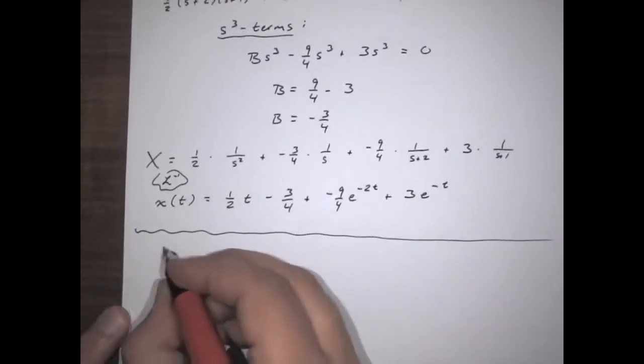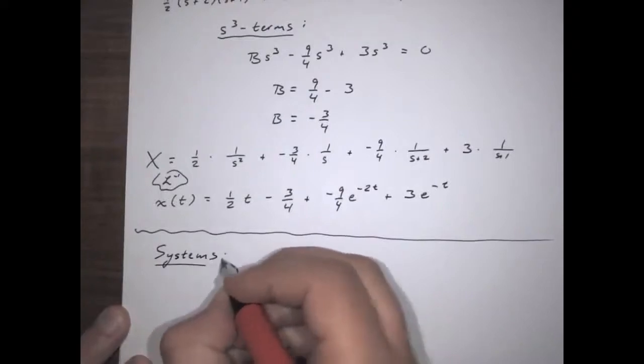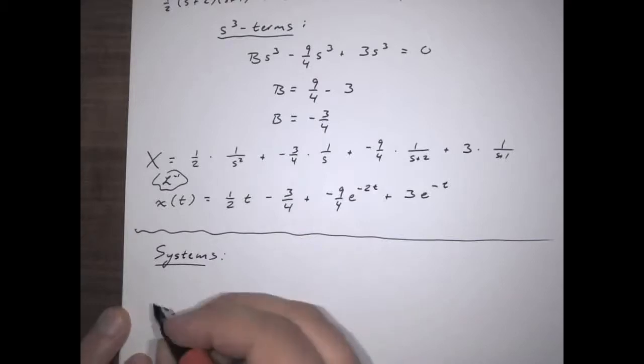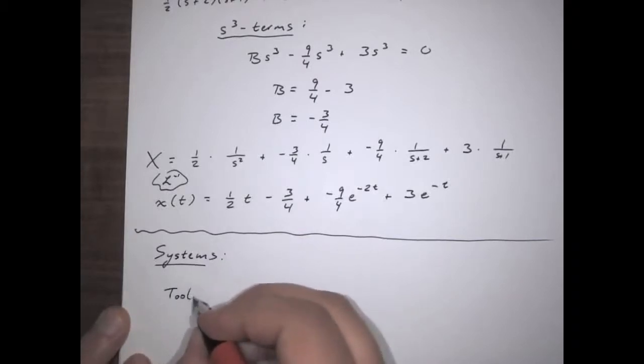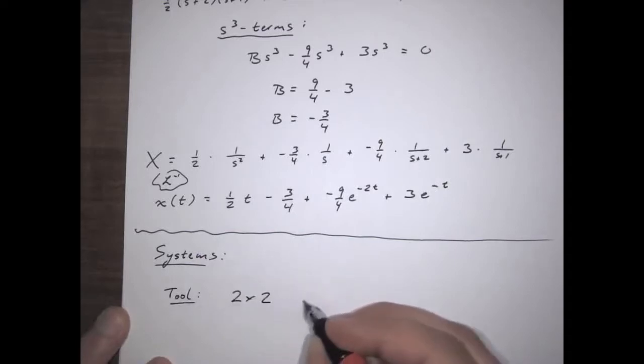Now, for systems, the Laplace transform of systems, here's a tool that will come in handy. So this is the 2x2 Cramer's rule.